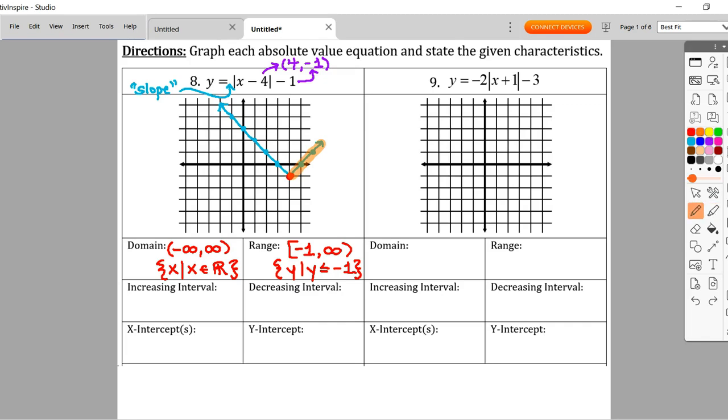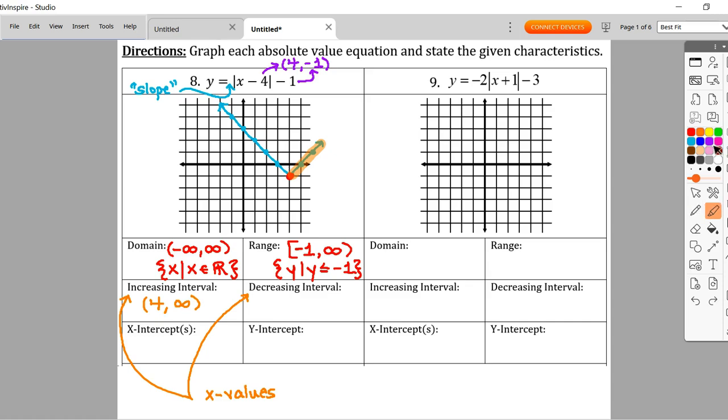When I write intervals, I always have to use the x value, so sometimes I like to make a reminder for myself that I will use the x values when I'm writing the increasing and decreasing interval. So that's going to be where I highlighted, starting at the x value of 4, going to infinity. No brackets for an interval because you can't increase at a single point.